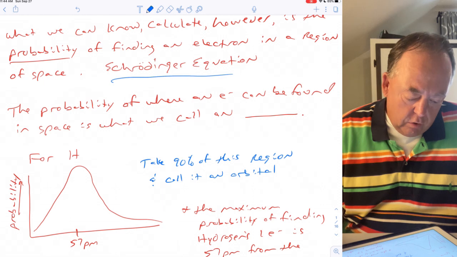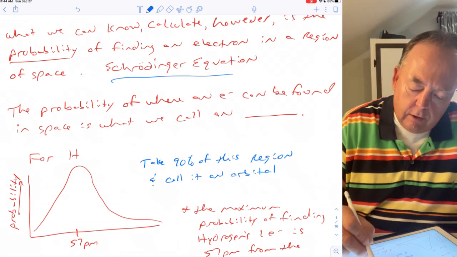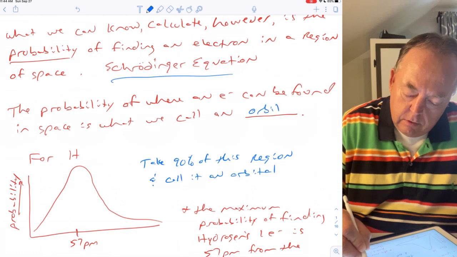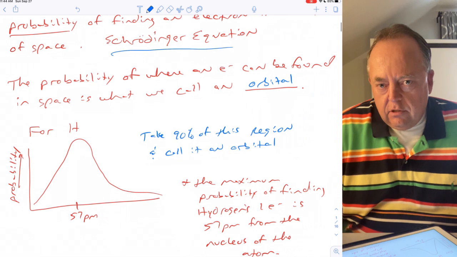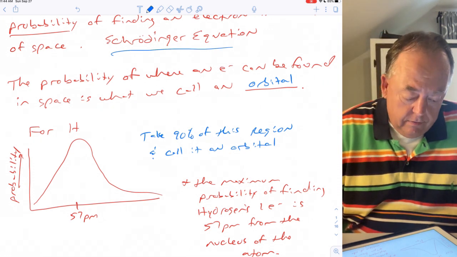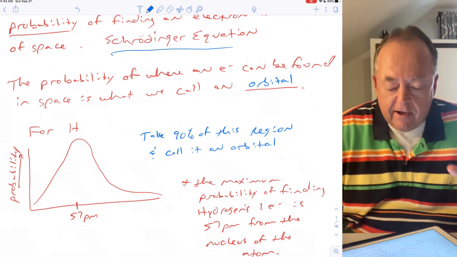Okay, so the probability of where an electron can be found in space is what we call an orbital. So probability means statistics, basically, right? So statistically, where's the greatest chance of finding an electron?